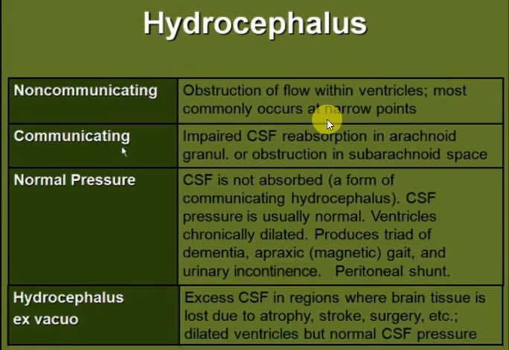Most commonly, it occurs at narrow points, most popularly the foramen of Monro and the cerebral aqueduct. So any obstruction inside the ventricles, or the interconnecting channels connecting the ventricles, is known as non-communicating hydrocephalus.